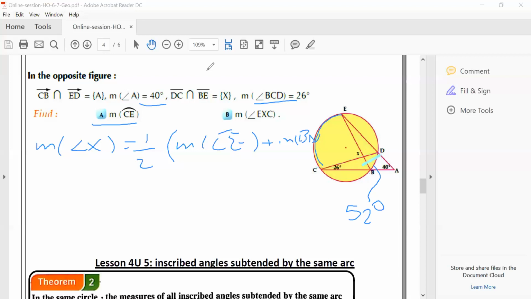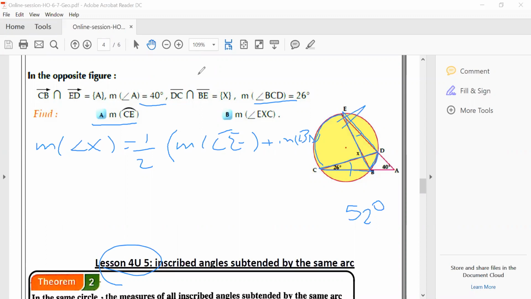I have here BDA, and arc BD opposite. I have two angles opposite DEB and DCB. In the next lesson, for unit 5, they will be equal by logic, because I have inscribed and inscribed angles by the same arc, so they will be equal. But this information doesn't matter now.